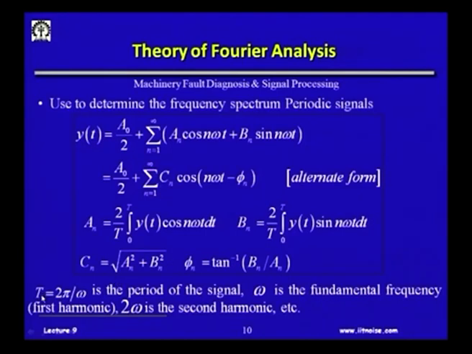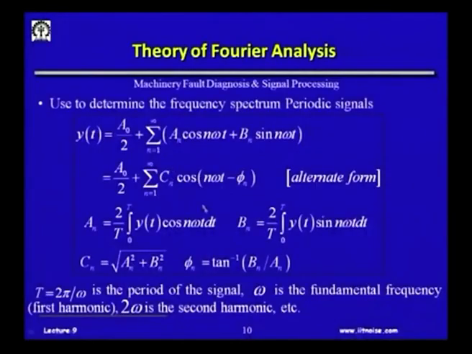So, this capital T is given by 2 pi over omega, the period of the signal, where omega is the fundamental frequency, also known as the first harmonic, and twice of that is the second harmonic, and so on. And this you will find in any mathematics textbook, in your second or third year Fourier series, and this is the very generic form of such an analysis.